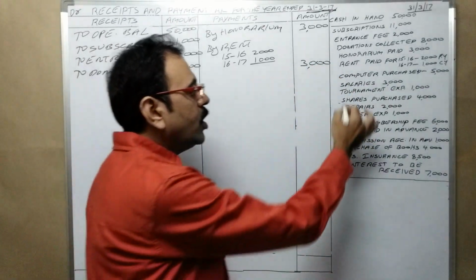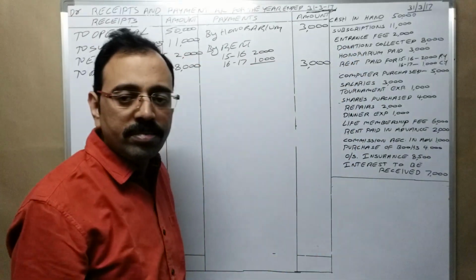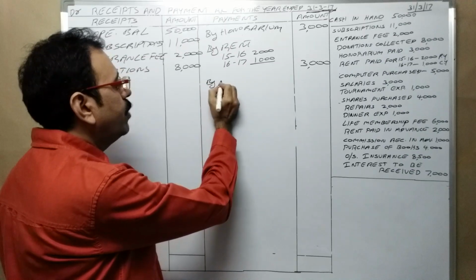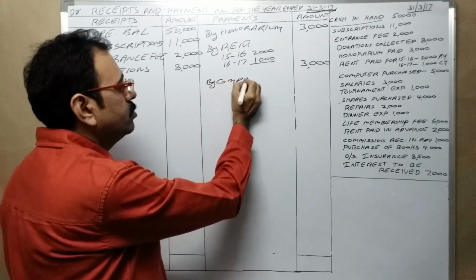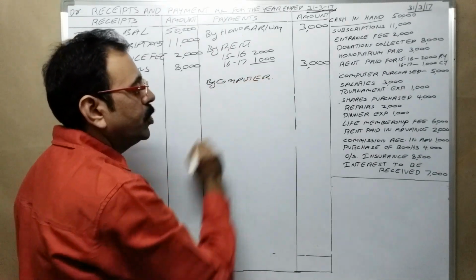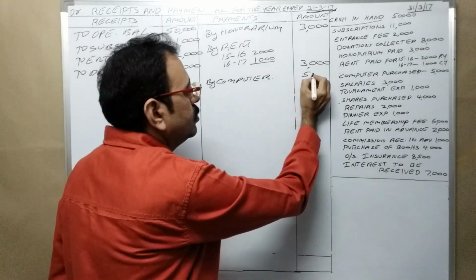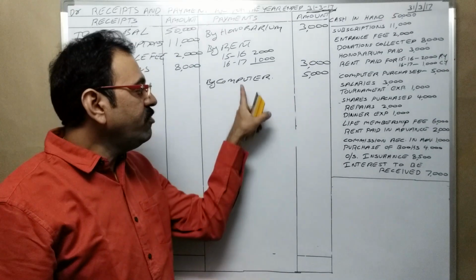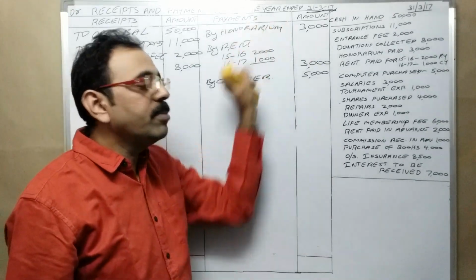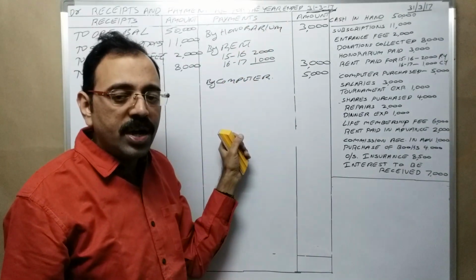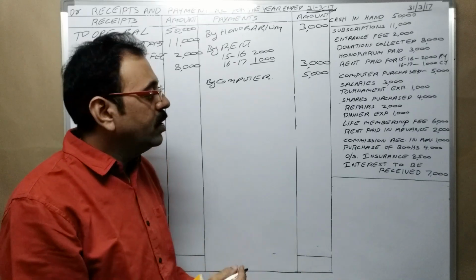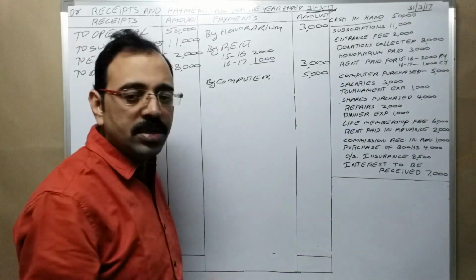Next, computer purchased. Cash is going, therefore credit side by computer, 5,000. Remember, if any fixed asset name is given on the payment side, what is the meaning of that? We purchased it and we paid cash. Next, salaries.